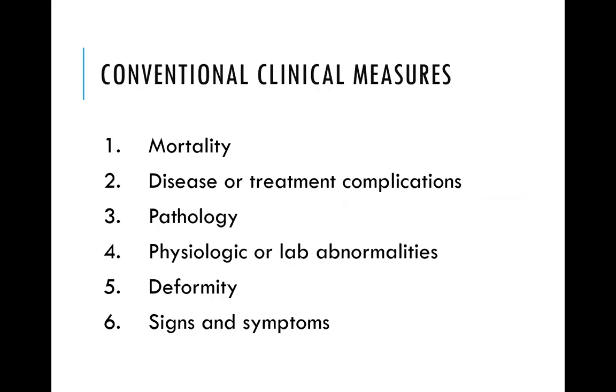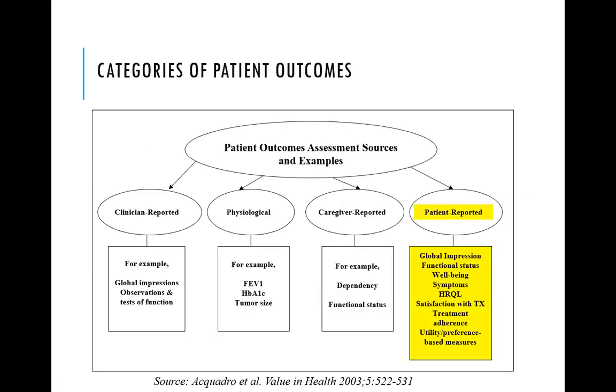The conventional clinical measures that we discussed in the last session were mortality, disease or treatment complications, pathology, physiological or lab abnormalities, deformities, and signs and symptoms. These are the various categories of patients' outcomes with assessment scores and examples.